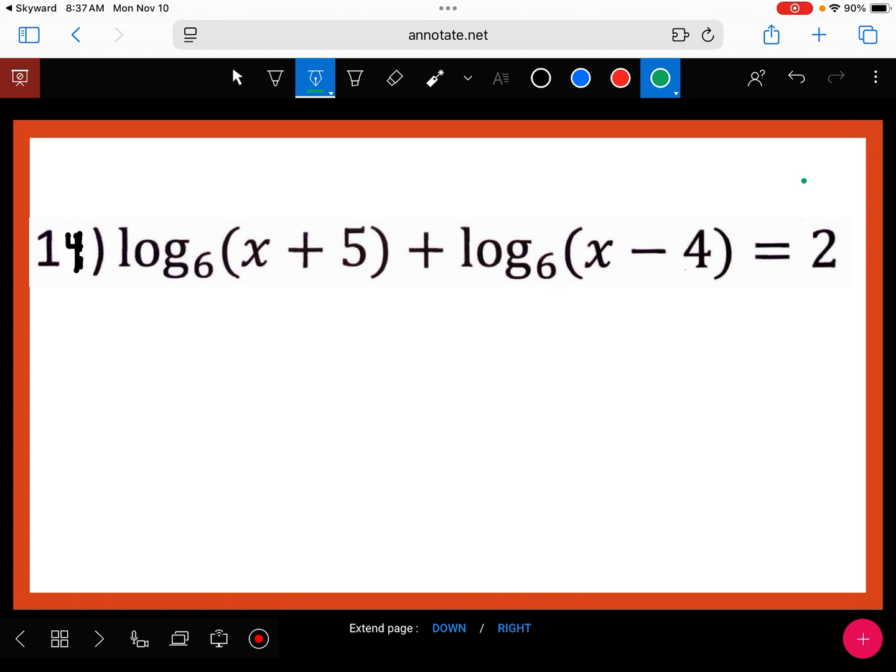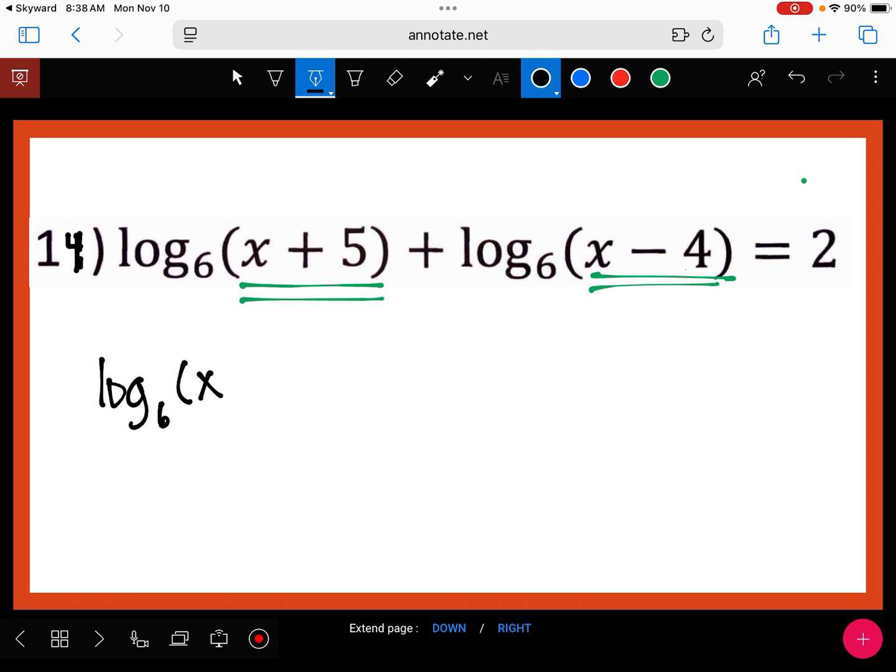The reason why I said this is the big dog is because we got to multiply two binomials, which means you're going to have to make a box. So these two are being multiplied. So you have log little bitty 6, x plus 5 times x minus 4 equals 2.